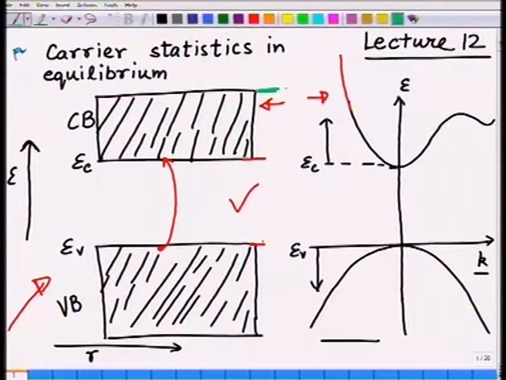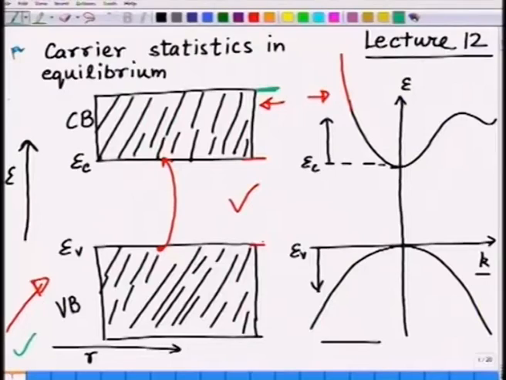After that there's another band gap and then more bands. We are not interested in that; we are interested in only the one which is completely full and the next one which is completely empty. Those are the two we are interested in, because that's where the transitions of electrons will take place between empty and filled states. Alright, so this is the picture.